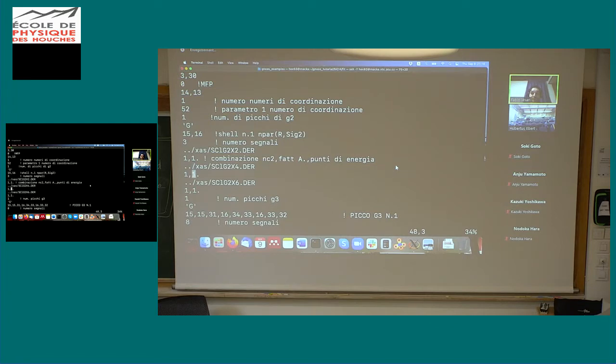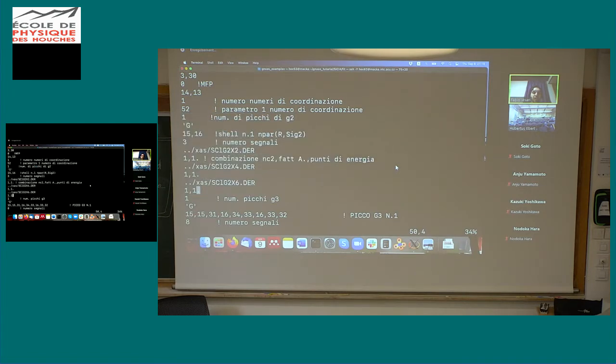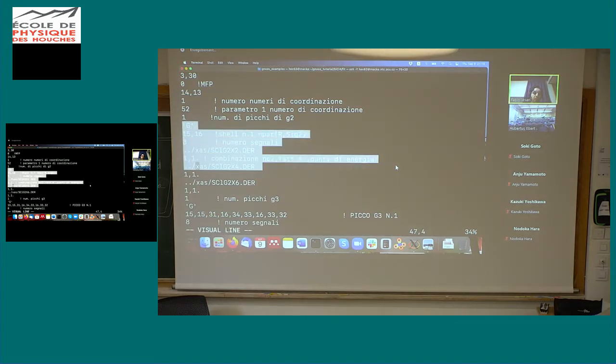Then we do the same for the second one and the third one. So this is all the same. Okay, and all this part is for the two-body signal. If we have more than one two-body, we have to repeat all these parts for another signal.